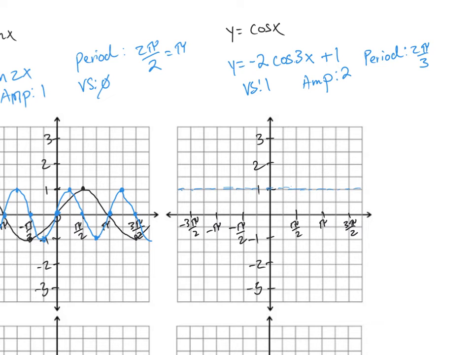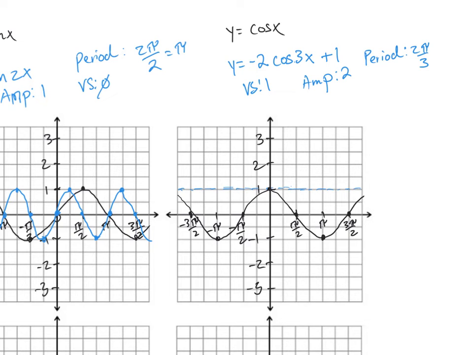Let's start with the regular y equals cosine of x. Let me draw that so you know what that is. We have 1 at 0, and then the graph goes in a pattern like so. It kind of looks like that. Now it's going up 1. My period is now 2 pi over 3.